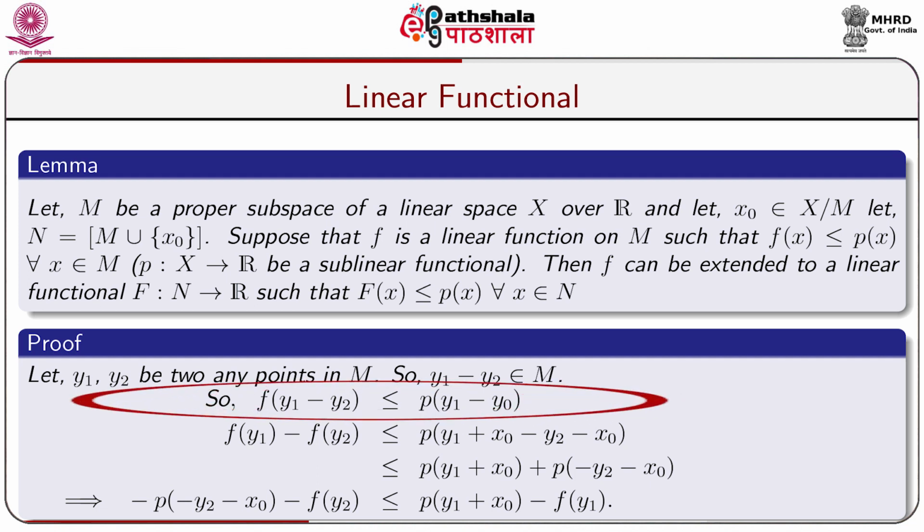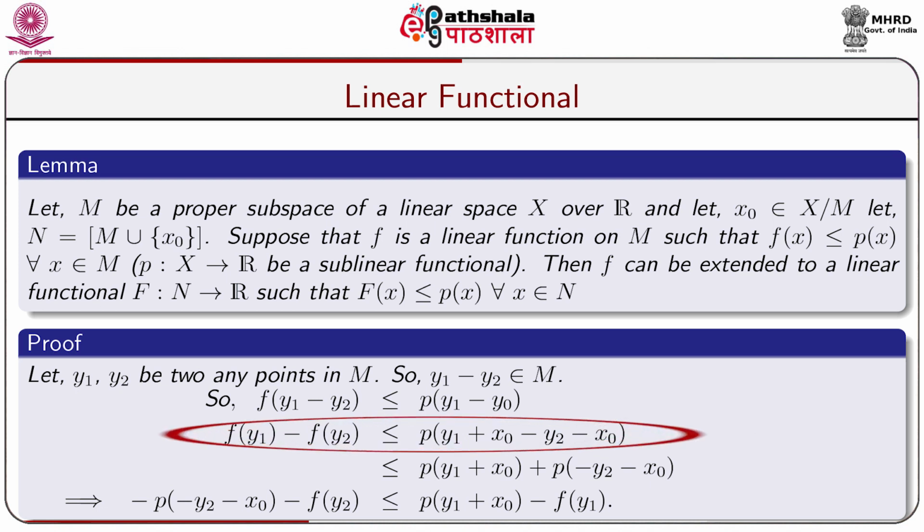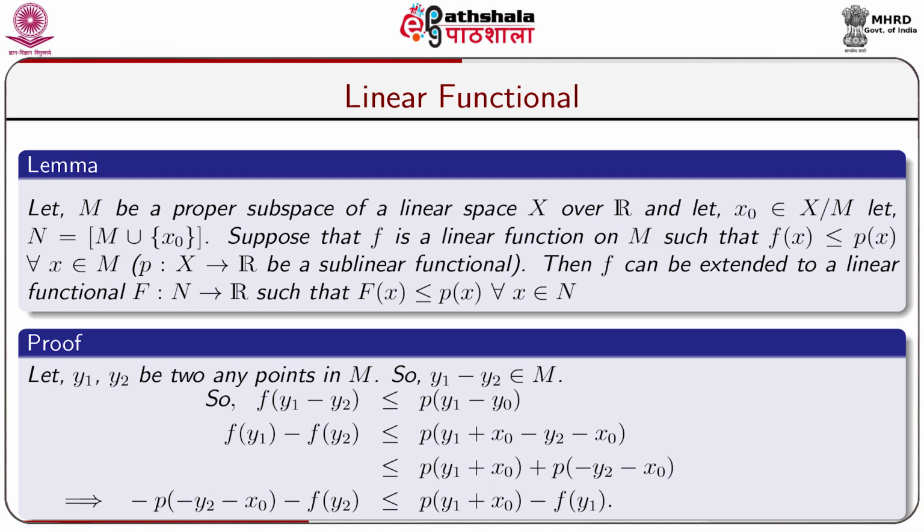So, f of (y1 minus y2) is less than or equal to P of (y1 minus y2), because we have assumed that f(x) is less than or equal to P(x) for all x belonging to M. By the linearity of f, we get f(y1) minus f(y2) is less than or equal to P of (y1 plus x0 minus y2 minus x0), which is again less than or equal to P(y1 plus x0) plus P(minus y2 minus x0) by the property of sublinear functional, which implies minus P(minus y2 minus x0) minus f(y2) is less than or equal to P(y1 plus x0) minus f(y1).